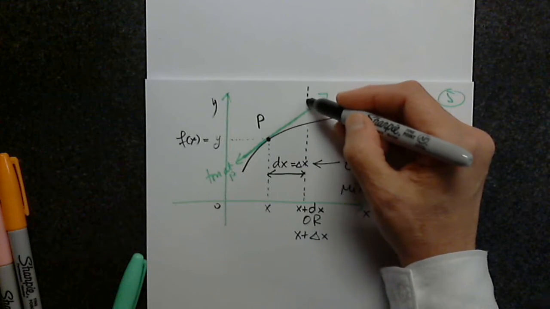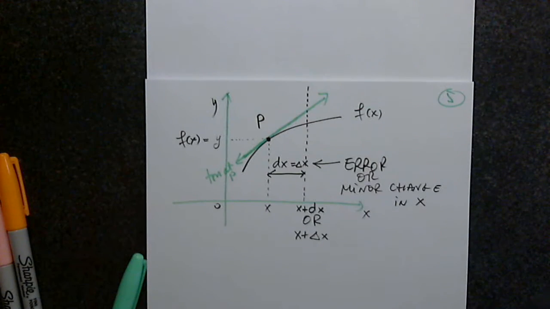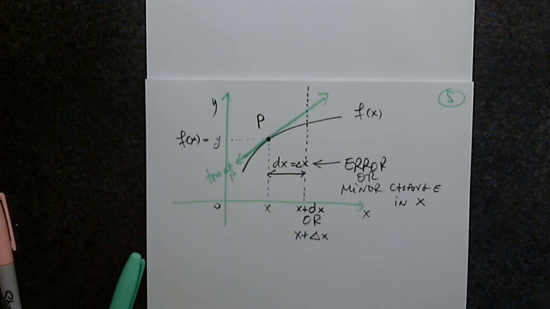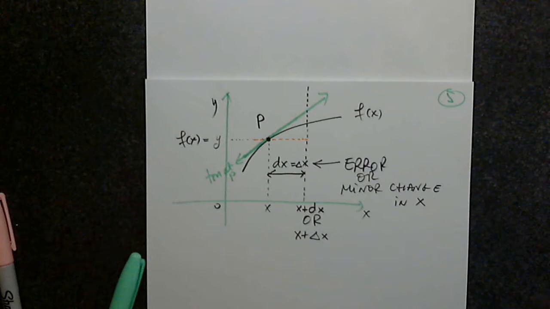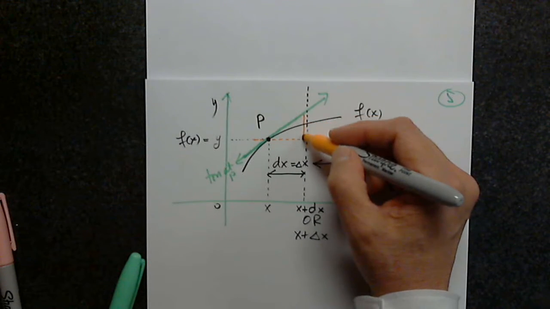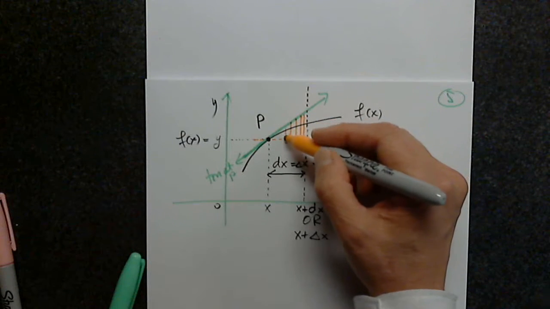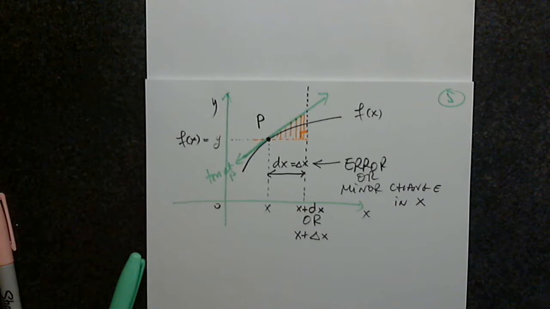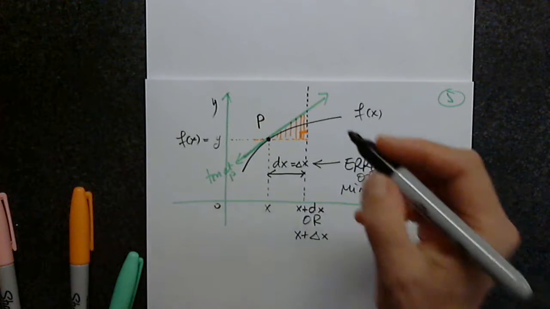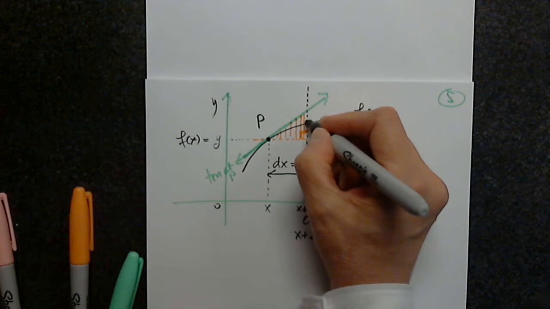I'm going to extend this vertical line. I'm going to draw a horizontal line through P. And now I hope you agree that I have created a right triangle. Now, can anyone give us the y-coordinate of this point?